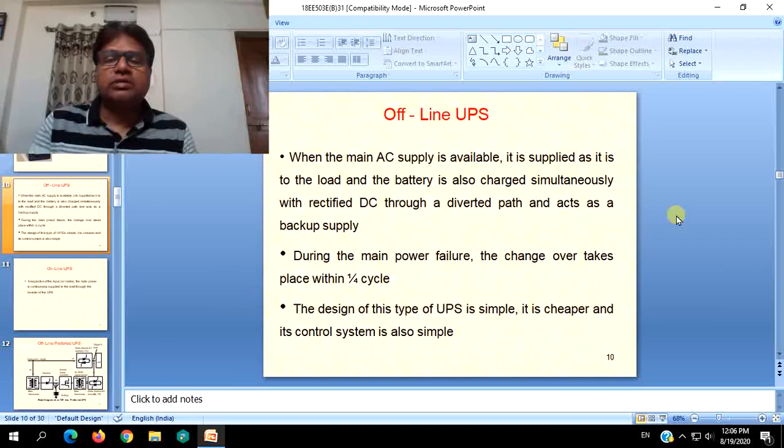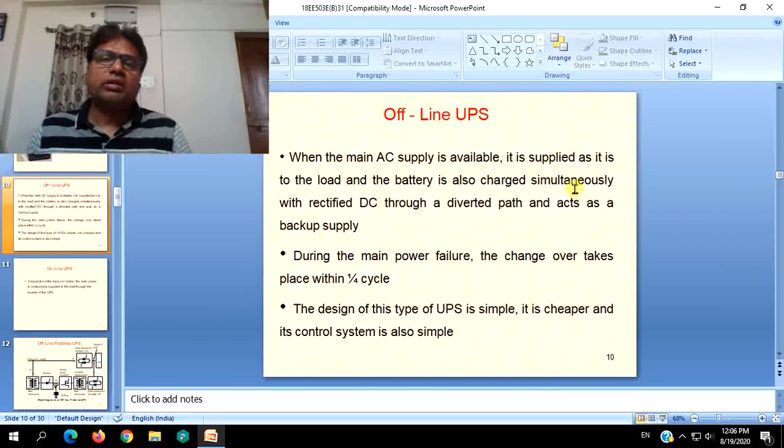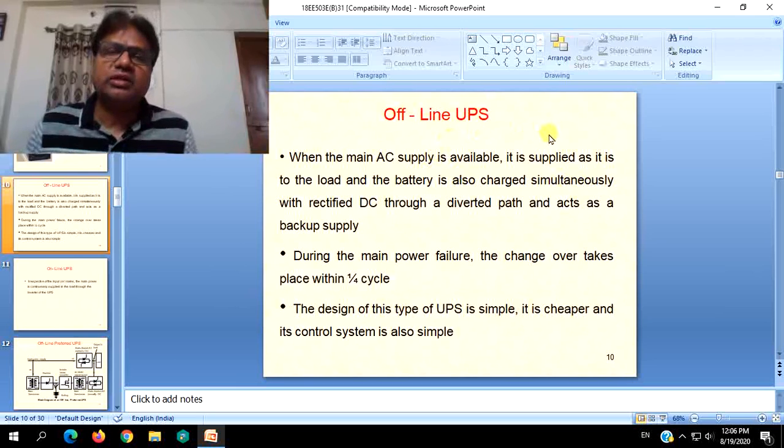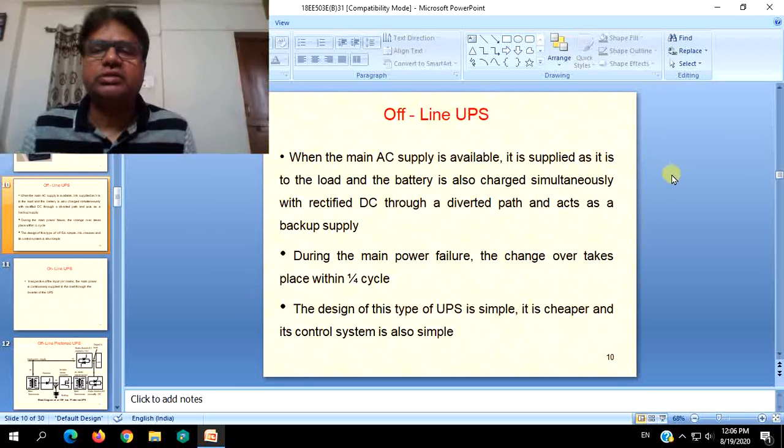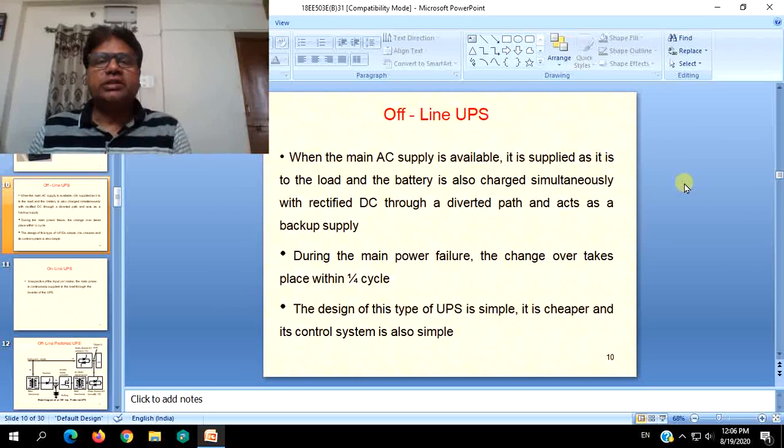Before that, just to have an understanding of what an offline UPS does and what an online UPS does, it is explained in these slides. When it comes to a simple offline UPS, when the main AC supply is available, it is supplied as it is, without any change, to the load. Single phase AC, just consider that.